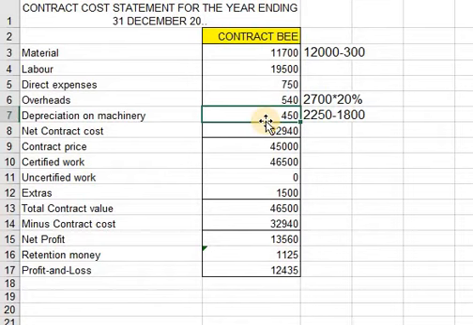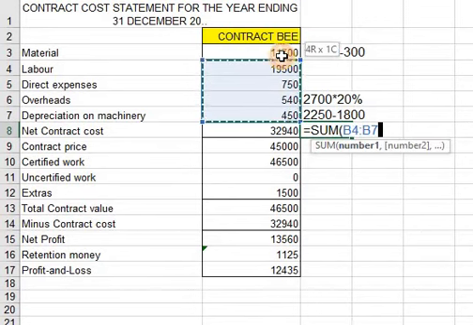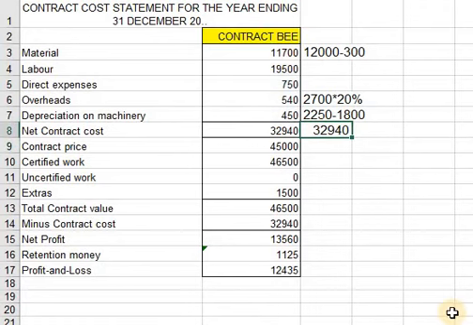What was it at the end of the year? The difference is depreciation. You will then sum that all up. You need to use your formulas as much as possible. I'm redoing it on the side for you to see. You just drag your mouse there to sum that all up as 32,940.